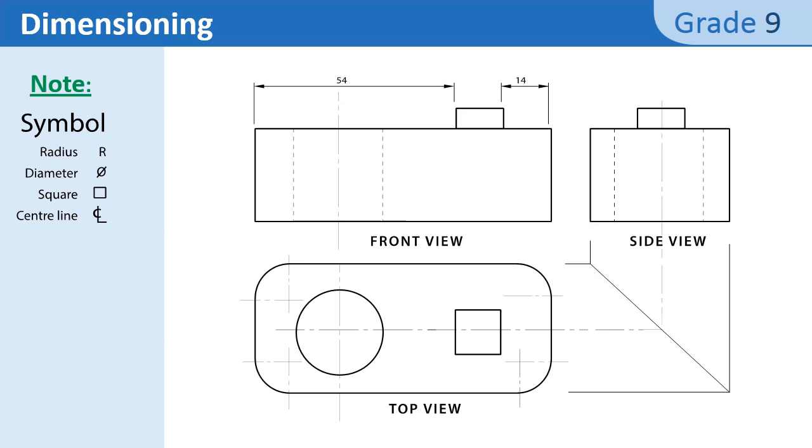As you see, the arrow must not touch the front view. In fact, there is another line which shows you clearly where the arrow starts and ends.